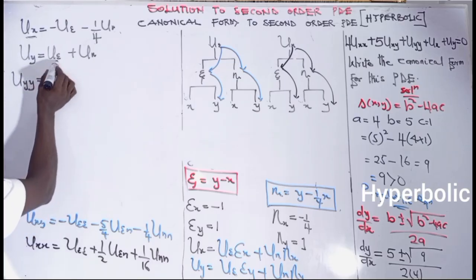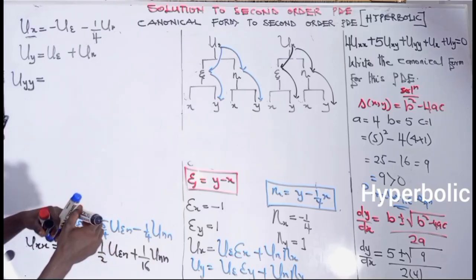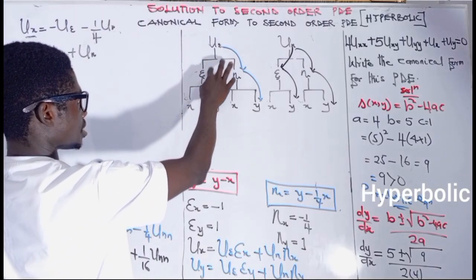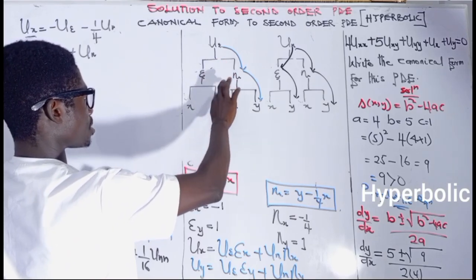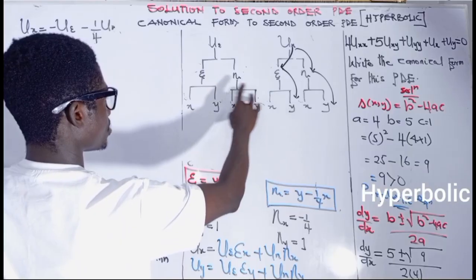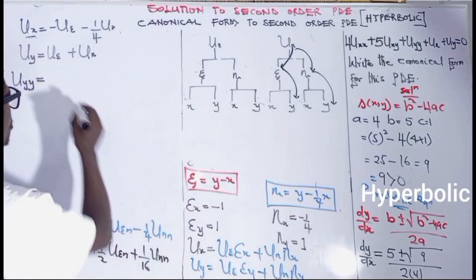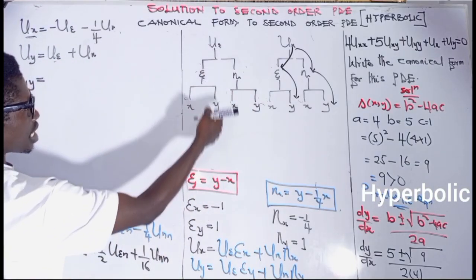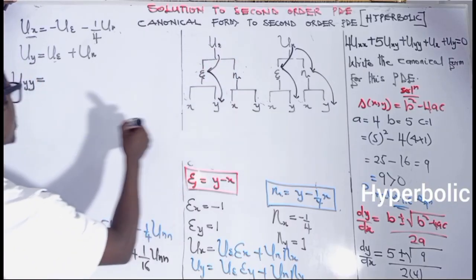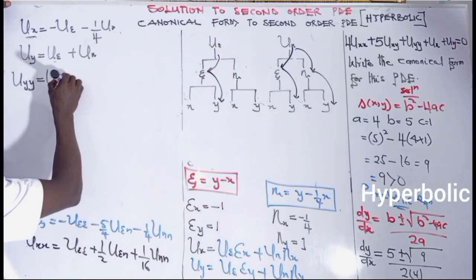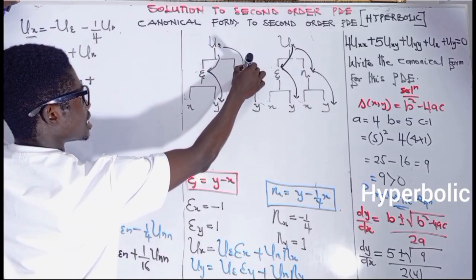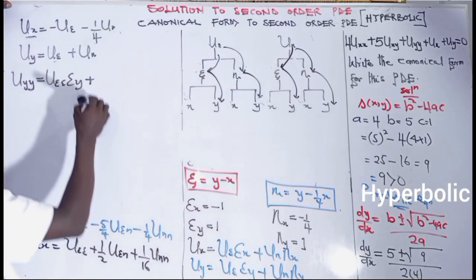So for uyy, we have u zeta, so we have to look for the expression for u zeta, and we have to come to this particular diagram. Remember, we are taking it with respect to y. So we have u zeta zeta y.